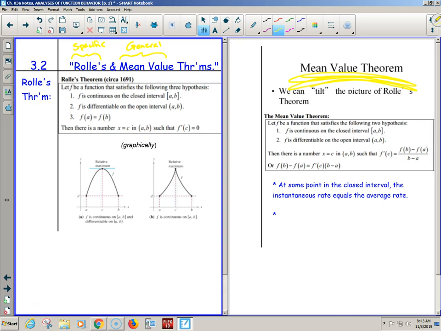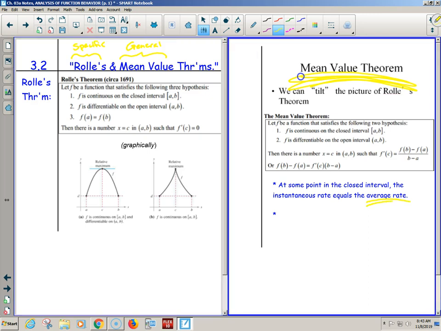This one is talking about rates, aka derivatives. So if you notice down here, at some point in the closed interval, the instantaneous rate equals the average rate. We're talking about the average rate. That's where the name comes from, mean value. Mean, average. Mean, median, mode, remember those?